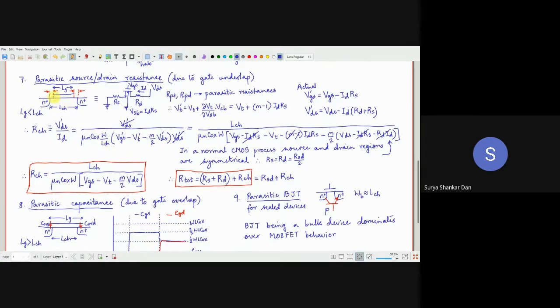One is, in case of long channel, even if there is some underlap and overlap of the gate length over the source and the drain regions, you can ignore that with respect to the longer channel length. But in case of parasitics, if we are dealing with short channel devices, one situation is when the gate length is slightly less than the channel length. So there is a red region here where you are not going to have the channel.